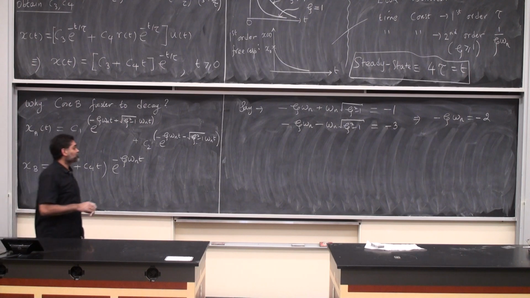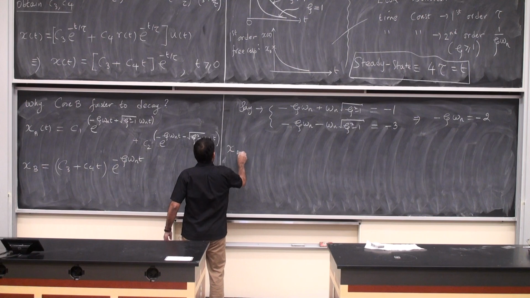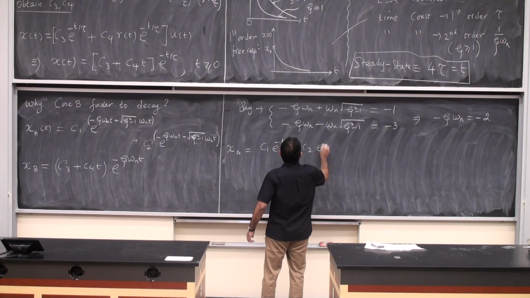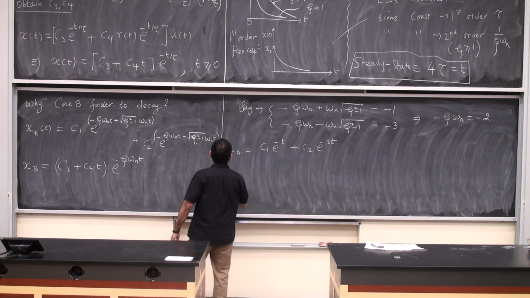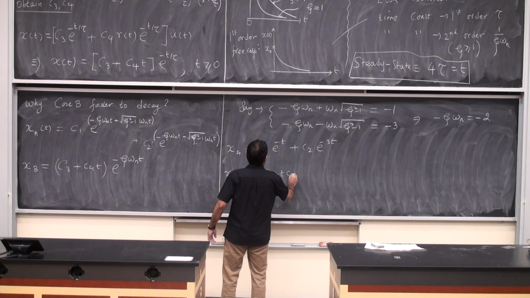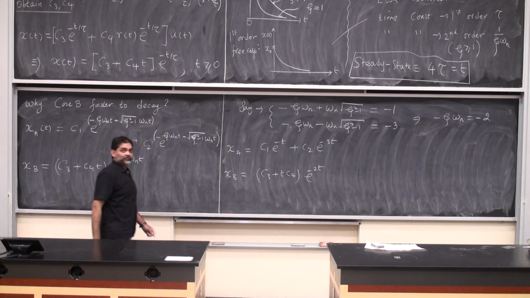So I write XA and XB using this order of magnitude analysis. This is just completely order of magnitude, no rigorous reasoning whatsoever. So XA is C1 e to the minus t plus C2 e to the minus 3t. XB is C3 plus C4t times e to the power minus 2t.